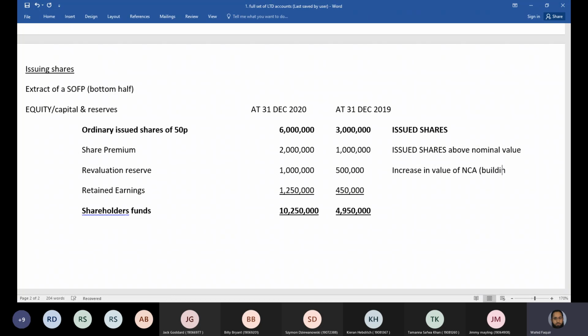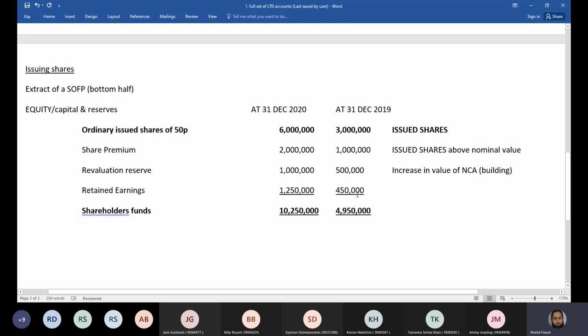Very often in questions it's a building. Okay, buildings or premises. So the top half of the balance sheet would have gone up by $500,000 to get from $500,000 to $1 million, and the bottom half, obviously, to restore the balance between the top half and the bottom half of the balance sheet, you'd have to increase the revaluation reserve. You've revalued your non-current assets.